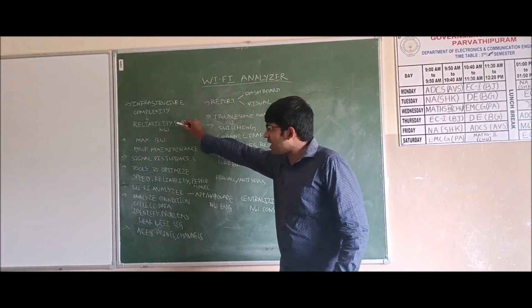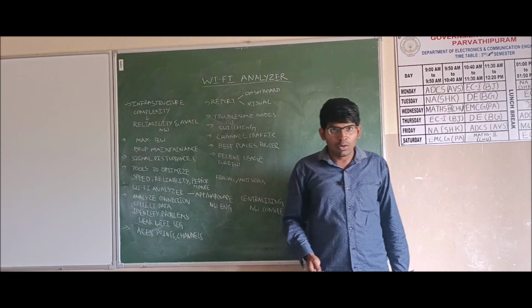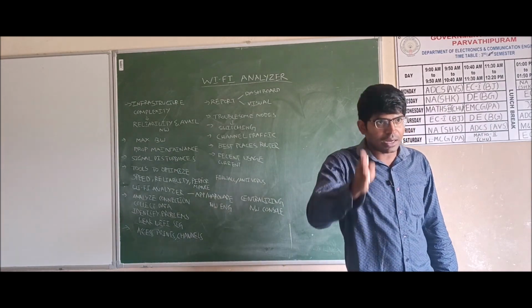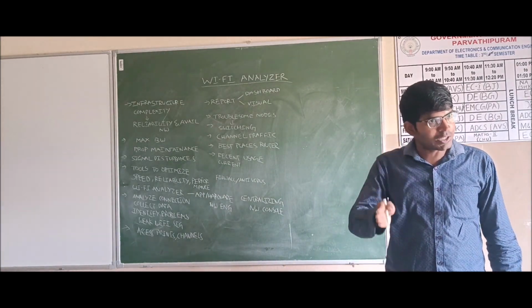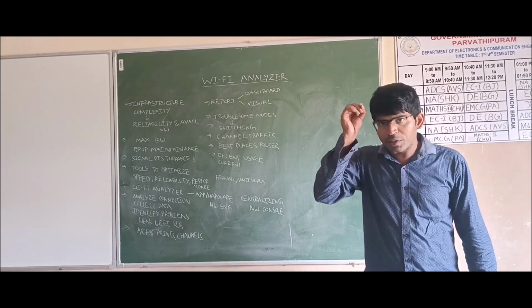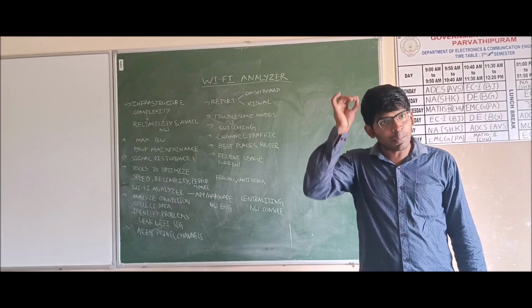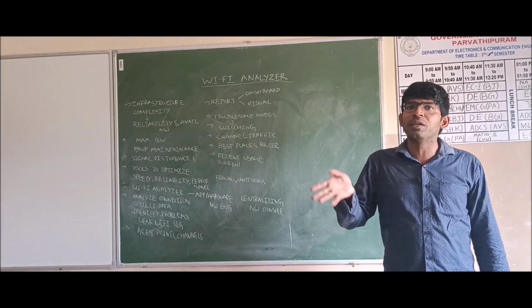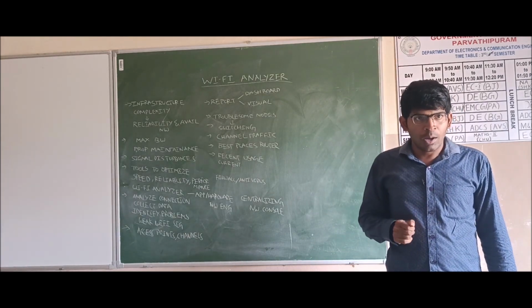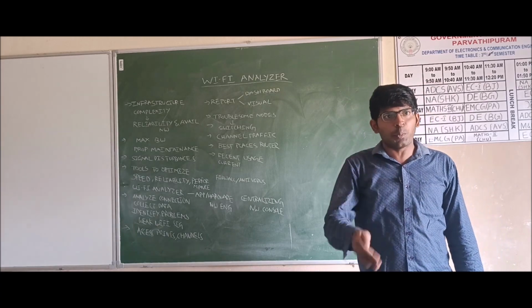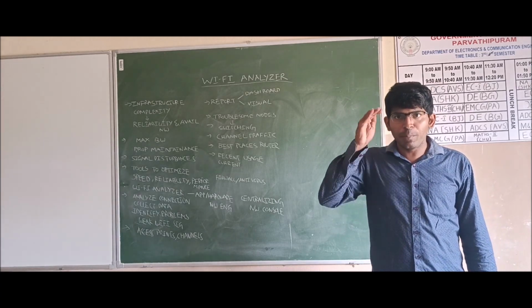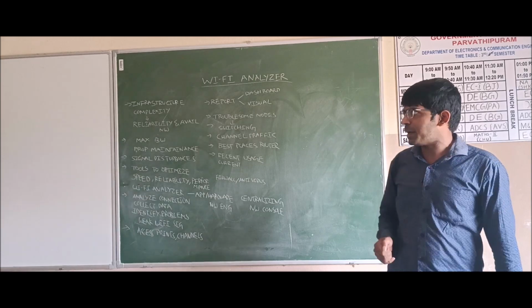We need a reliable connection. Whatever speed the particular network operator is promising, we want that much speed, whether it is download speed or upload speed. Definitely download speed is higher than upload speed. But whatever speed we are expecting, that should be maintained consistently.